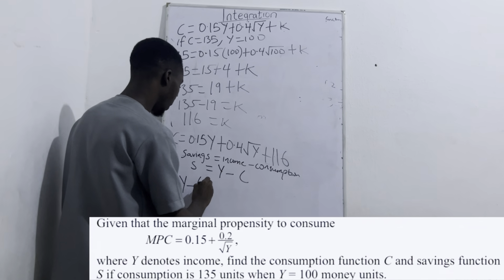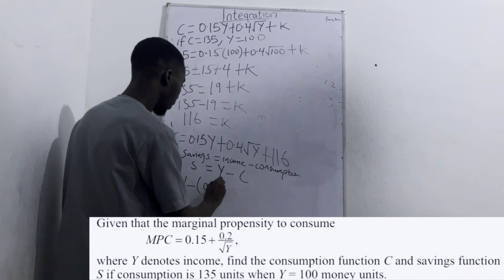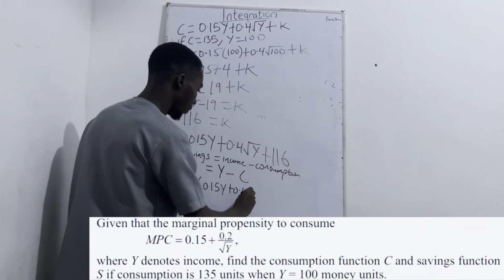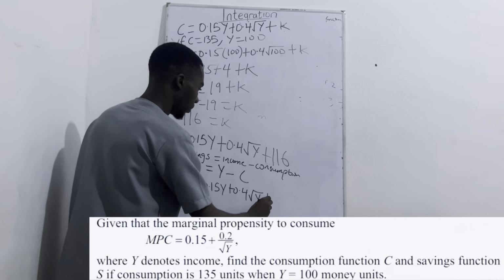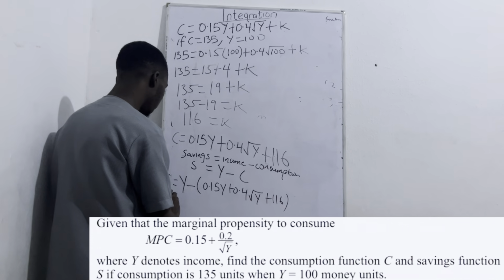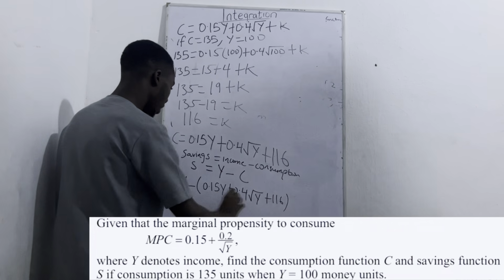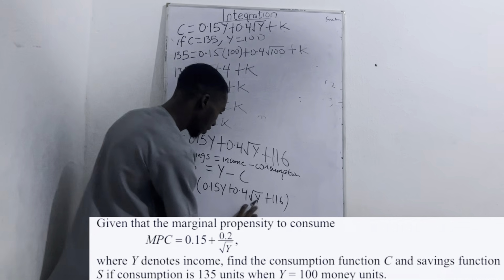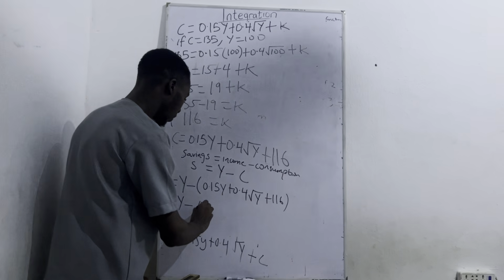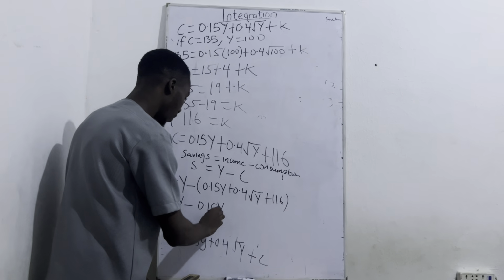So Y minus, in brackets, 0.15Y plus 0.4 root Y plus 116. So this becomes S is equal to Y. So remember the negative is affecting all this. You get it. So don't forget. So Y minus 0.15Y.